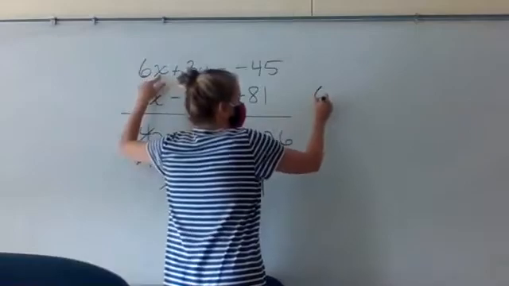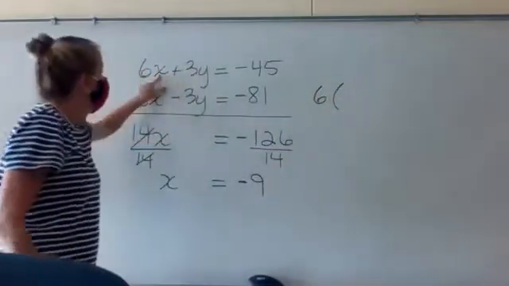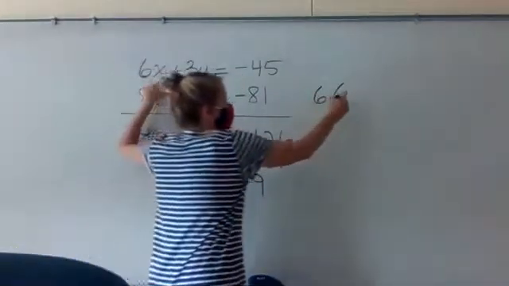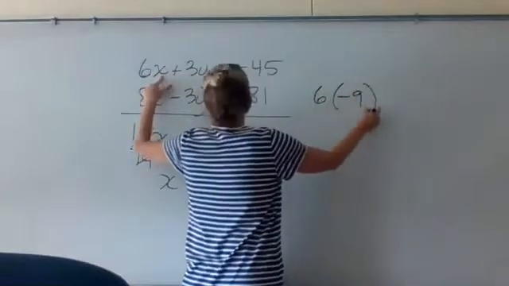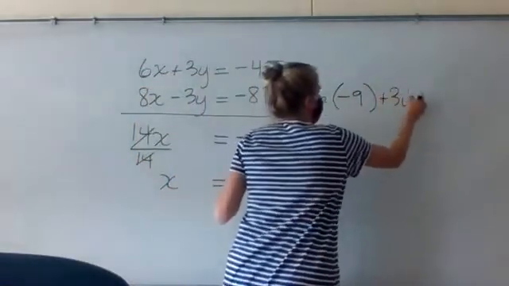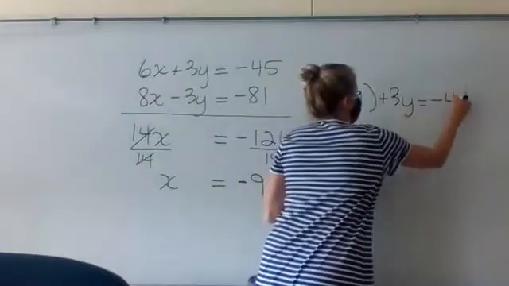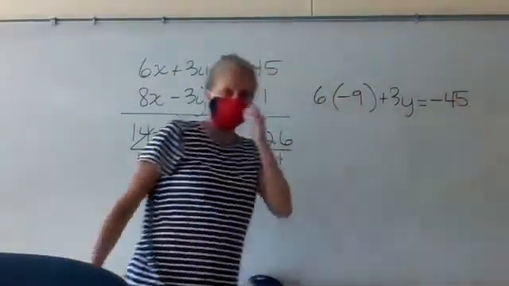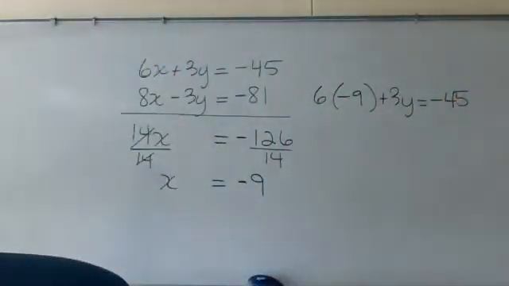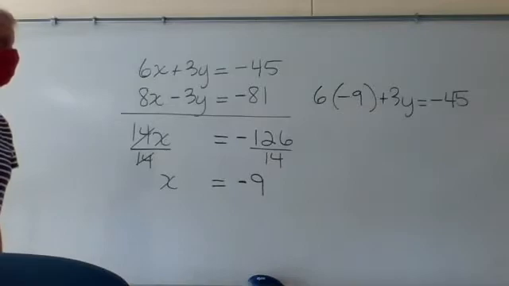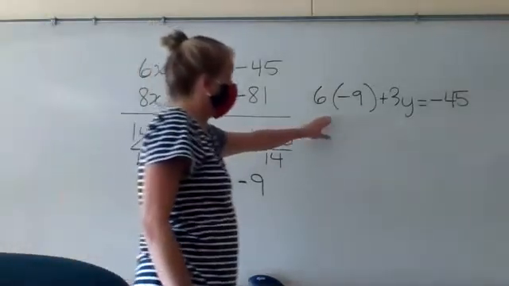So let's go back up and put a negative 9 in this spot. So I'll have 6 times negative 9 plus 3y equals negative 45. Now, look at this equation.